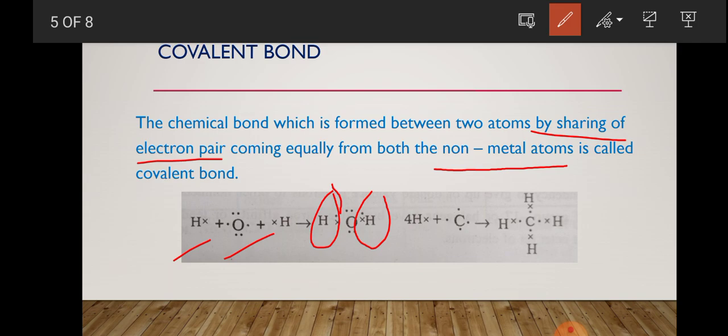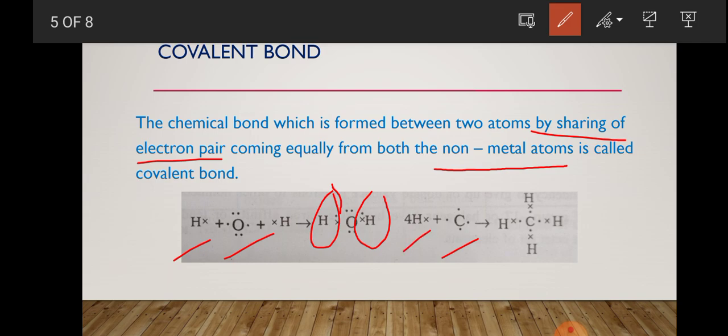And another example is methane. Carbon has 4 electrons in its outermost shell, and hydrogen has only 1 electron in its outermost shell.